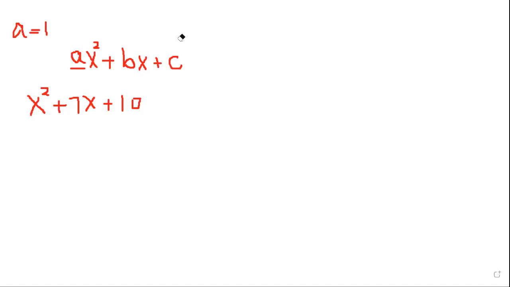Here we have 1, and here I have 10. We have a way called A, C, B. What's A, C, B?